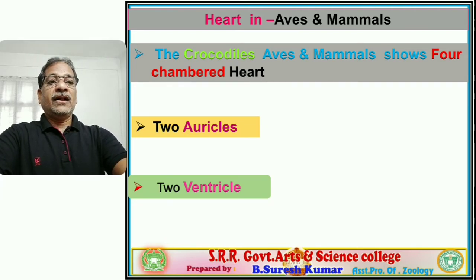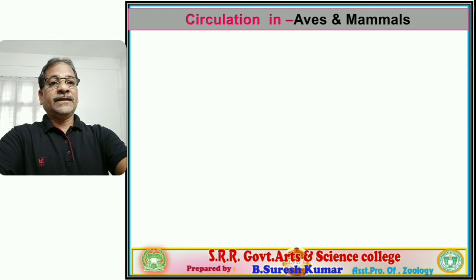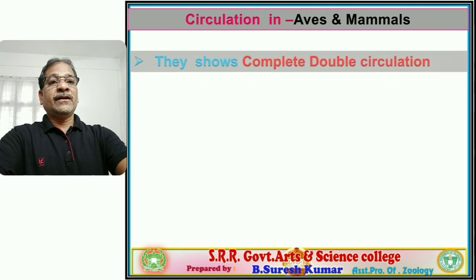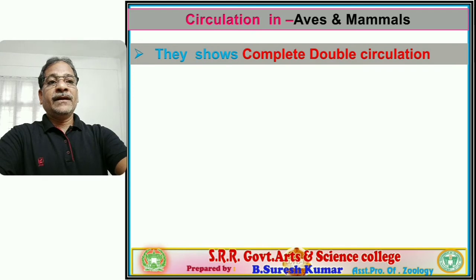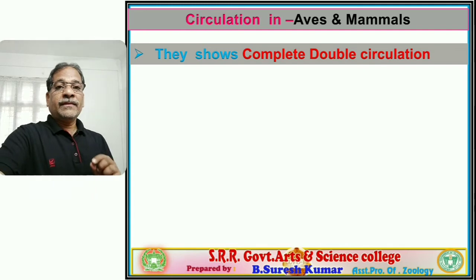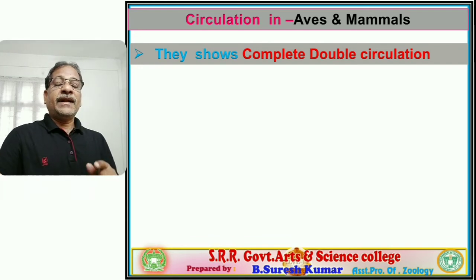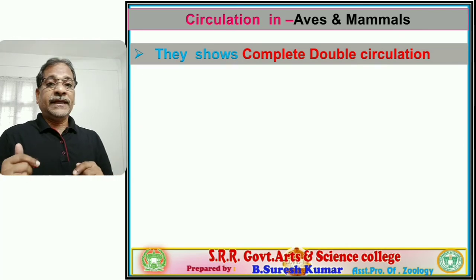Along the left chambers of the heart, pure blood, oxygenated blood is circulated. Along the right chambers of the heart, deoxygenated blood is circulated. Hence, it is termed complete double circulation. Alright? In the chambers of the heart of aves and mammals and crocodiles, the oxygenated and deoxygenated blood never mix.